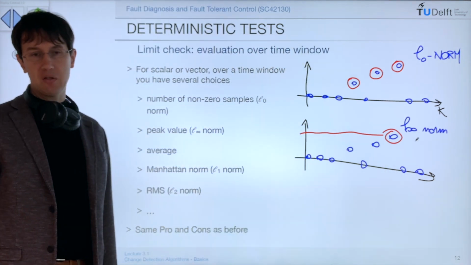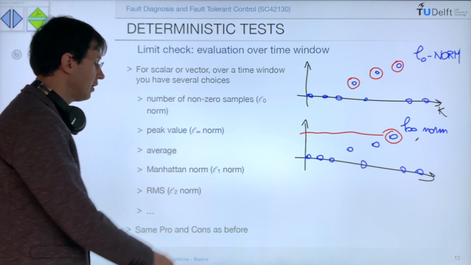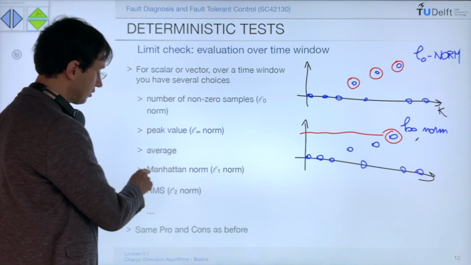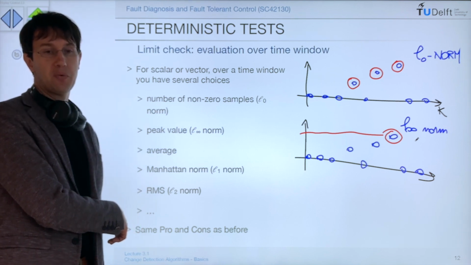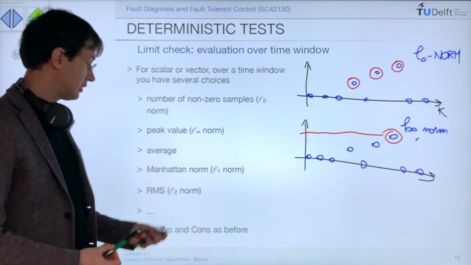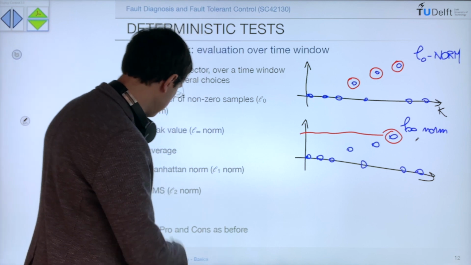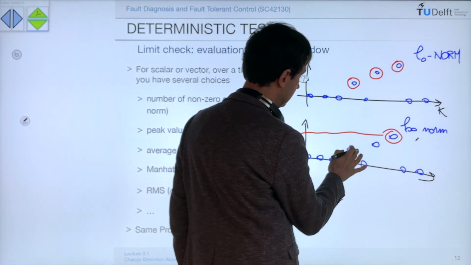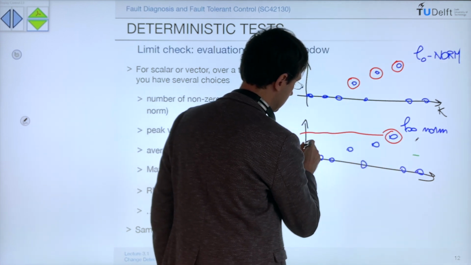But you have a lot of other ways of evaluating that. So you can apply one LP norm, like the L1 norm, that is also called the Manhattan norm, or the old root mean square of the signal, which is the L2 norm. So let us indicate that on the same plot. If you compute the L2 norm of that, you are getting something probably like this.